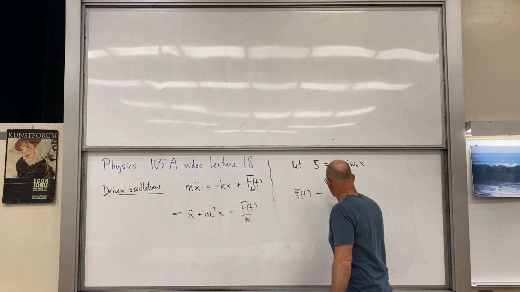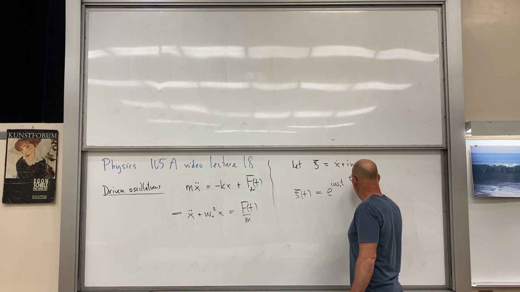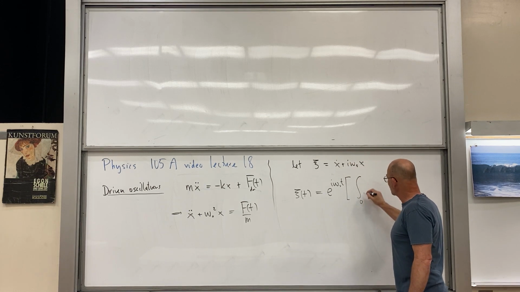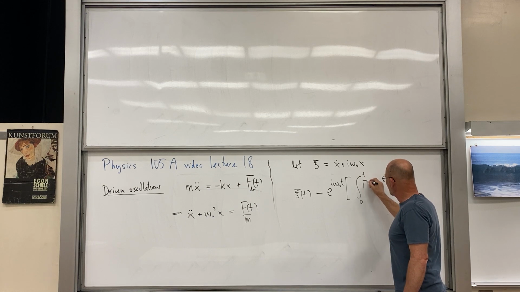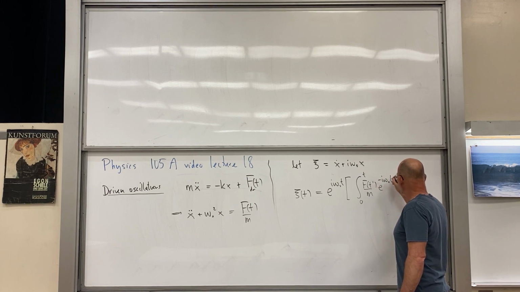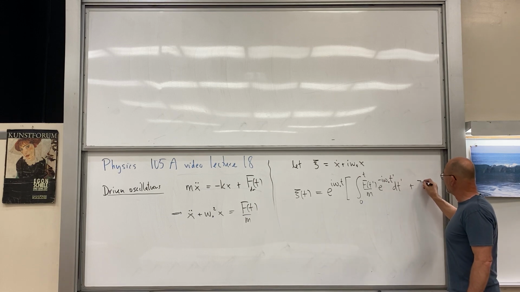And what we ended up with is that the solution was e to the i omega naught t times the integral from 0 to t of f of t prime over m, e to the minus i omega naught t prime, dt prime, plus an initial condition.